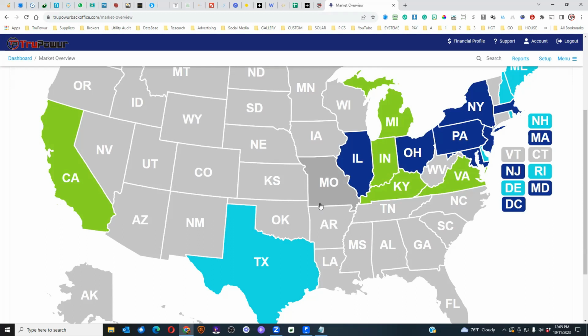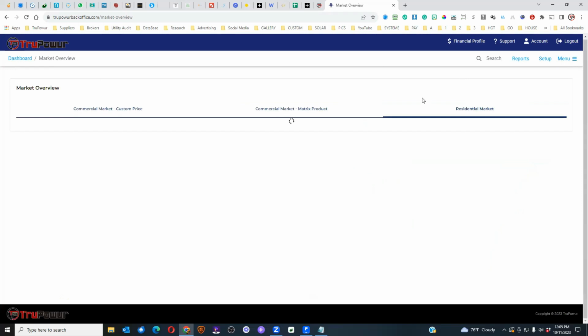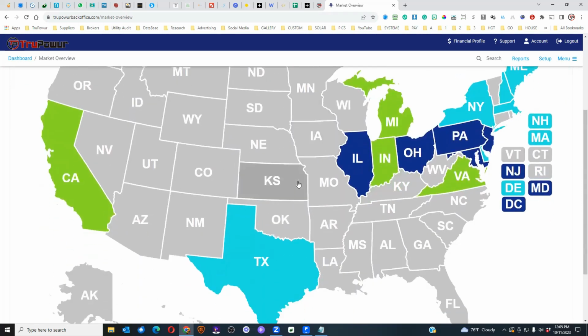So anybody in that area wouldn't really be able to do anything, at least from an electric and natural gas point of view. On the residential side, again, the footprint is a little bit smaller. So just keep that in mind when you're looking at different things.